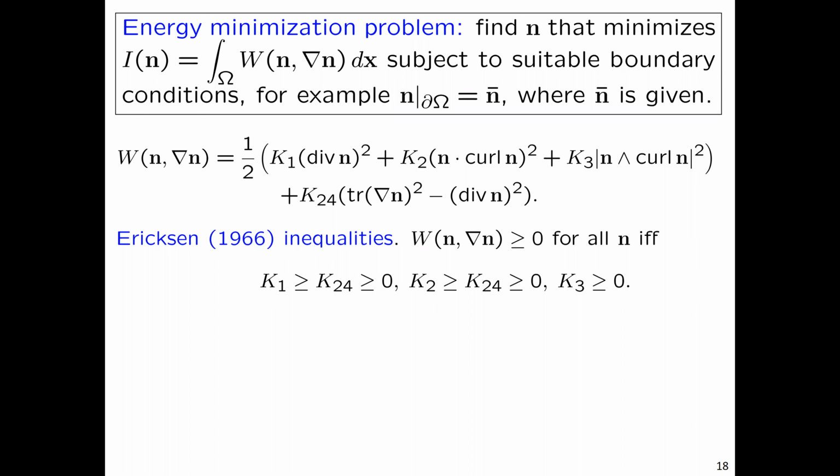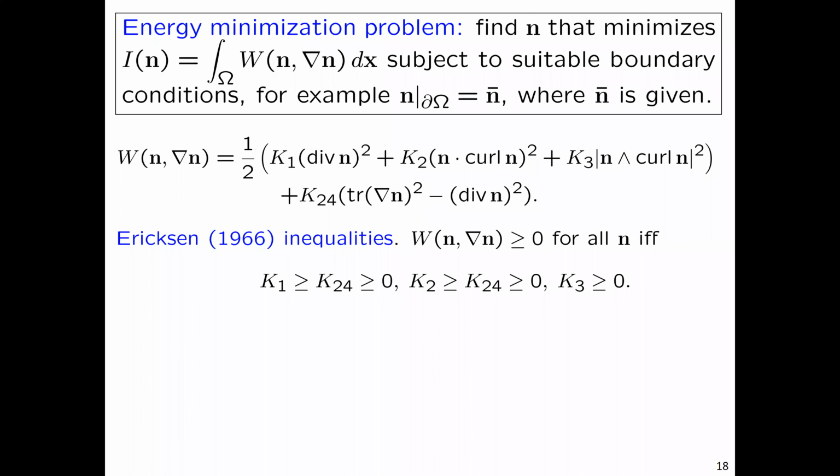So K1 is bigger or equal to K24 is bigger or equal to 0, same for K2, and K3 is bigger or equal to 0. That's not a completely trivial calculation because it uses the fact that n is a unit vector. It's a little bit tricky, actually.